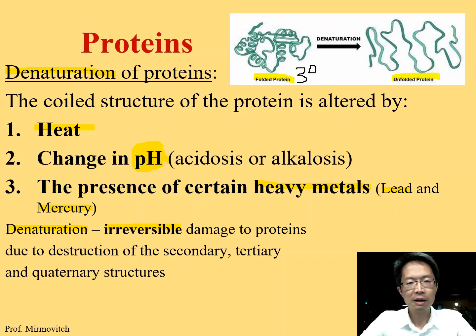When the enzymes in the bacteria are denatured, a lot of chemical processes in the bacteria cannot be carried out, and then they will die. So that's how we kill the bacteria. That's why we need to cook our food thoroughly in order to sterilize the food. So that's the end of this lecture.